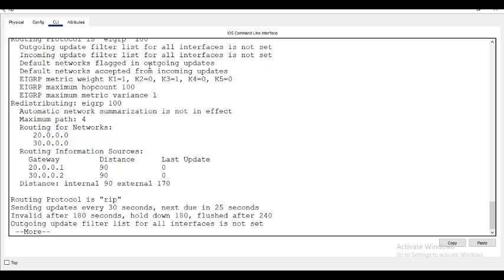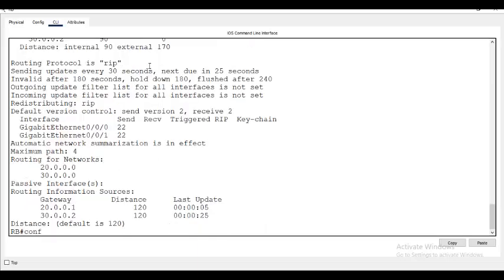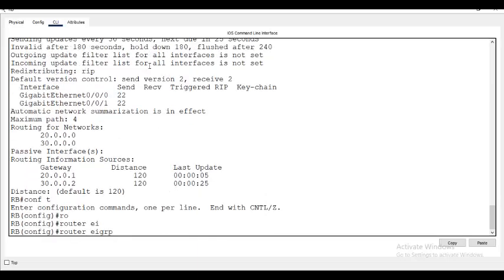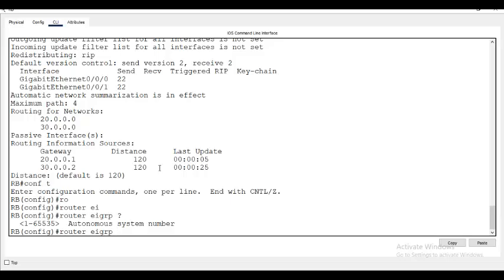Now we'll focus on wildcard mask. What is wildcard mask? In EIGRP, we should learn this one because this is not there in RIP. Wildcard mask is just the opposite of subnet mask.